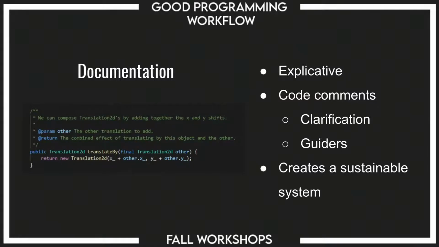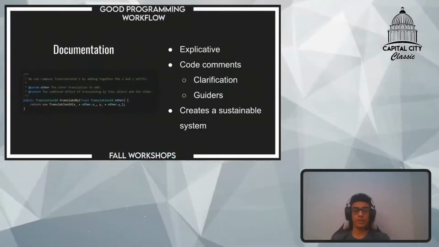In addition to this, it also creates a sustainable system. So this basically means that people who might have not been on the team before can read through the code and then read through the comments. The comments explain the code well and can clarify the code well. Even if they don't understand necessarily every single line in that code, they can understand what the purpose of it is.